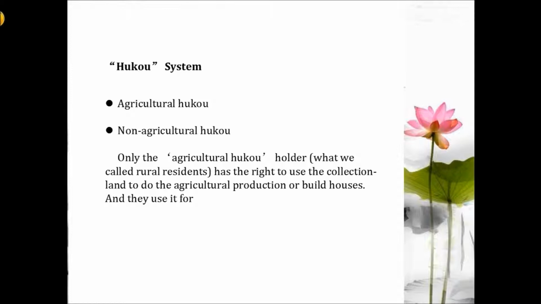However, those non-agricultural hukou holders, whom we call urban residents, have no right to use the collective land unless they purchase the collective land use rights and sign the collective land use rights transfer contract with the collective through legal steps.